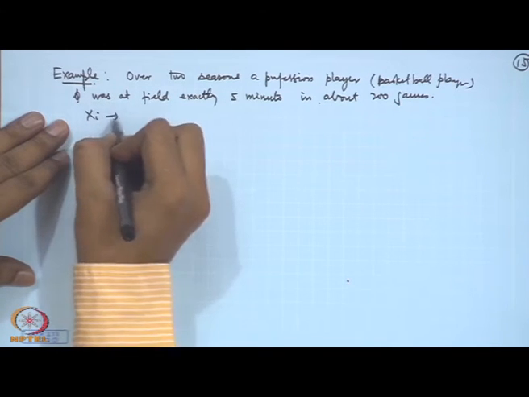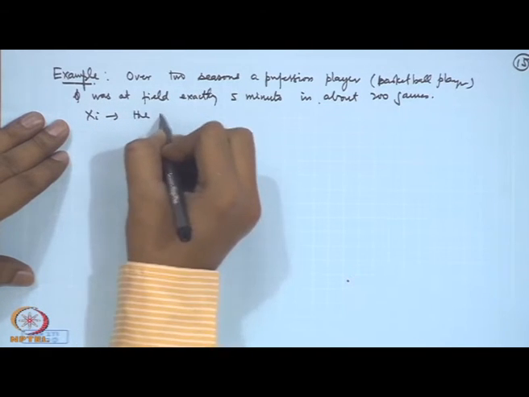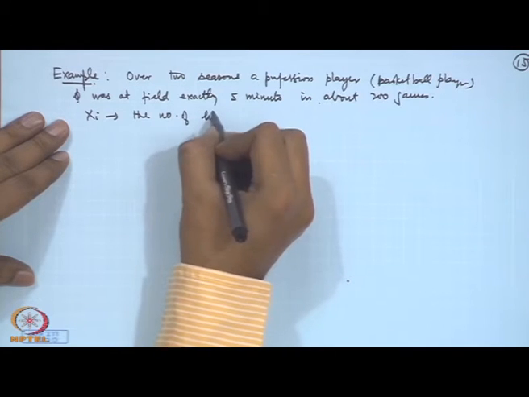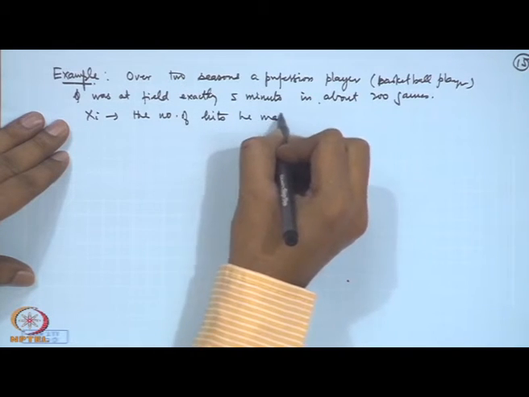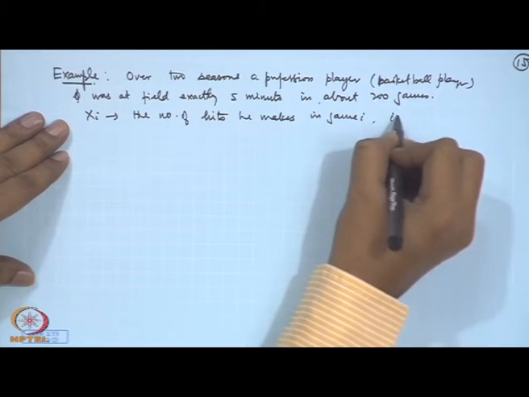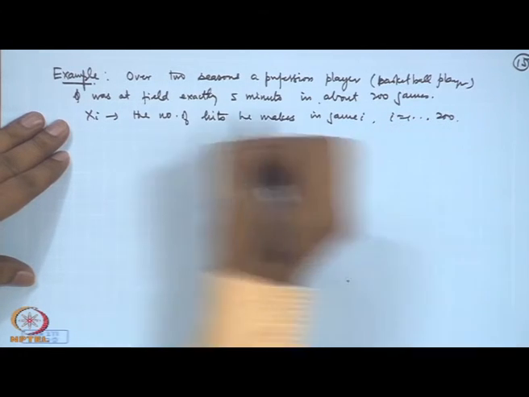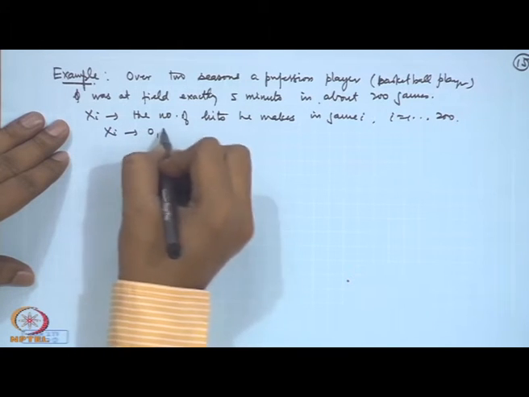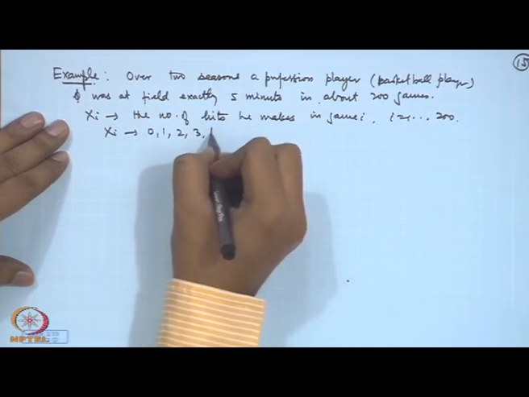So, xi is the number of say hits he makes in game i, i equal to 1 to 200. So, each xi can take values 0, 1, 2, 3, 4.